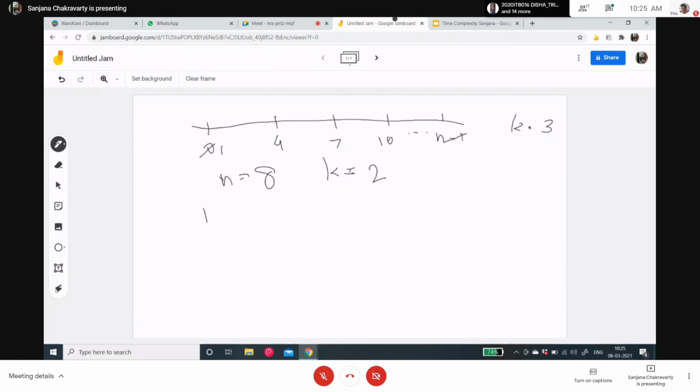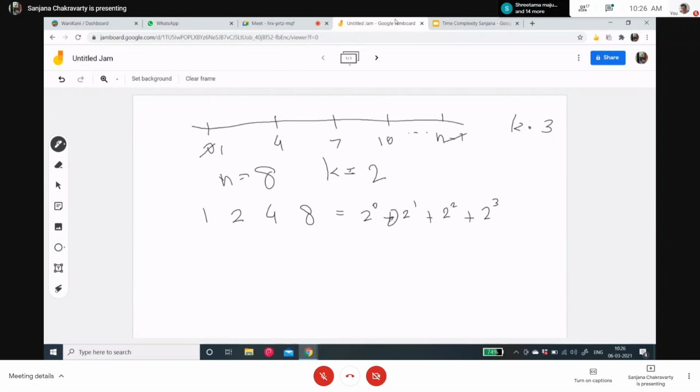First i is 1, then it multiplies by 2 and becomes 2, multiplies by 2 becomes 4, and then it becomes 8. After that, the loop stops executing. So we can rewrite this as 2 to the power 0, 2 to the power 1, 2 to the power 2, 2 to the power 3.